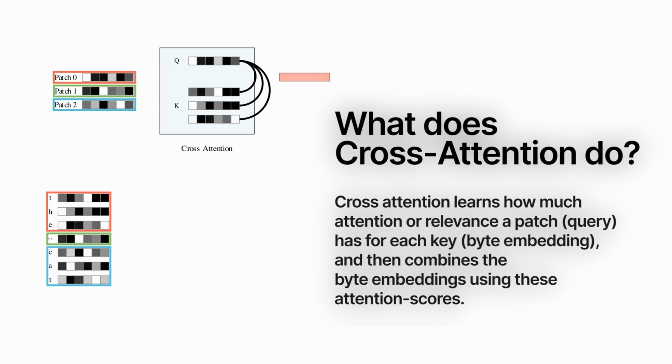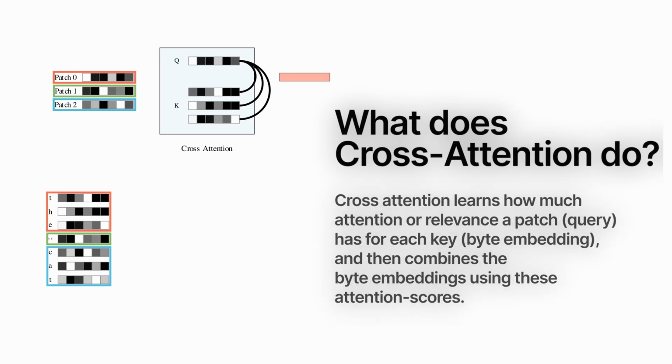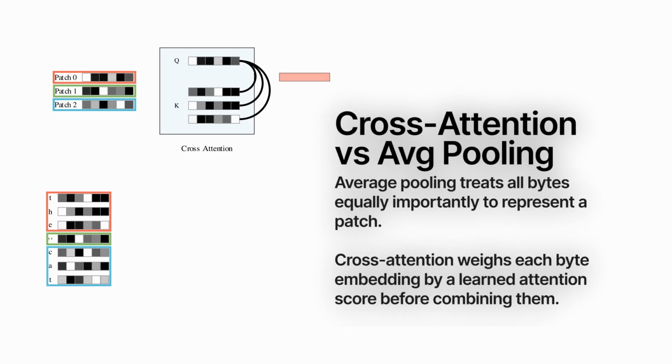You see, when we apply cross attention between a set of query vectors, which in this case are the initial patch embeddings, and a set of key vectors, which are the byte embeddings, what we are essentially trying to do is find a way to combine the byte embeddings by first learning which byte embeddings are important and how important they are towards the final patch representation.